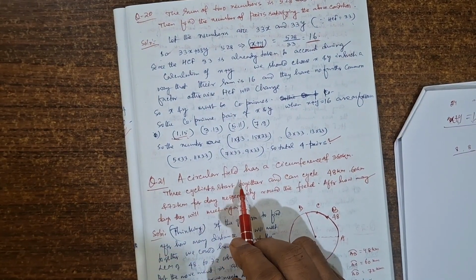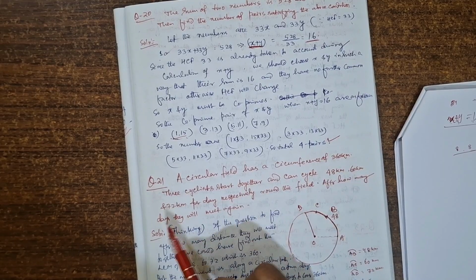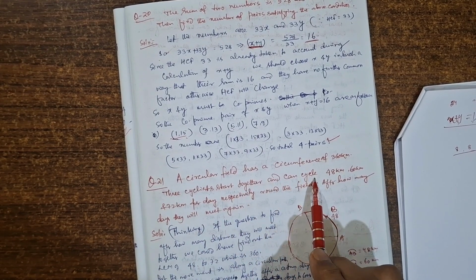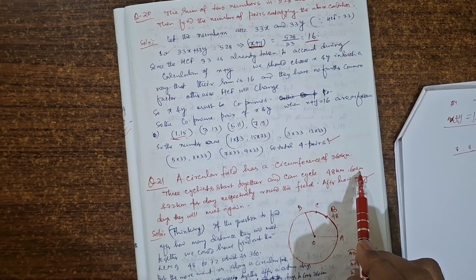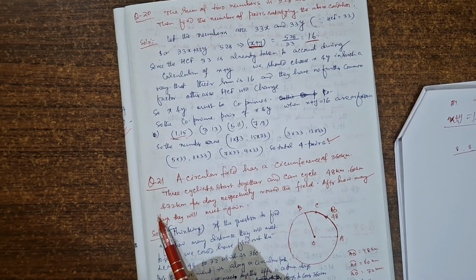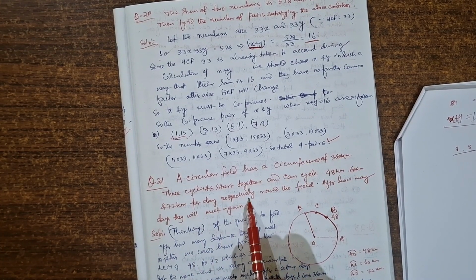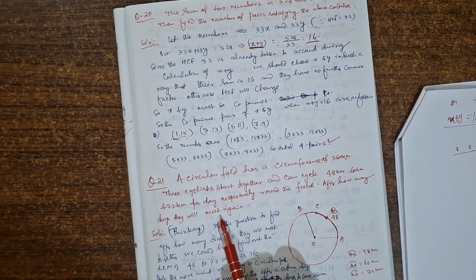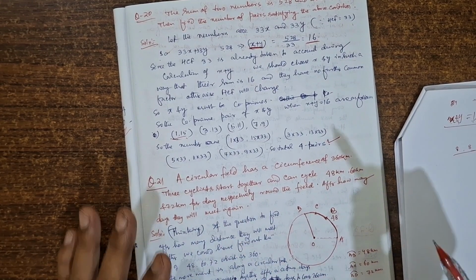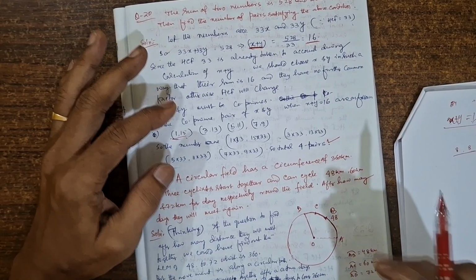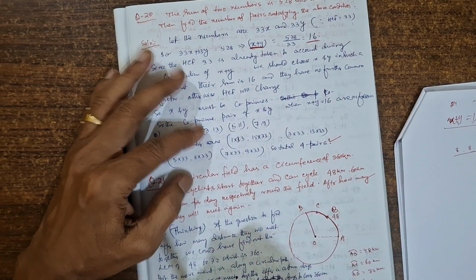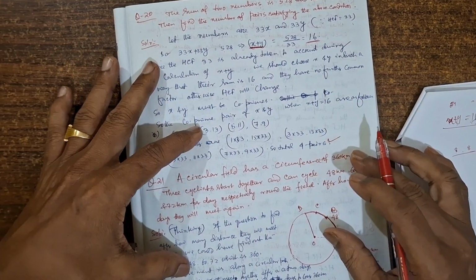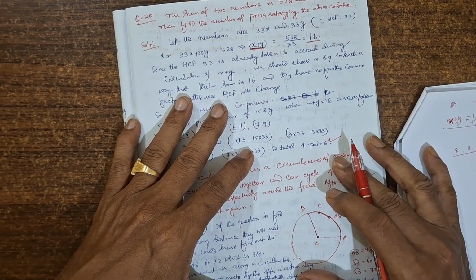Now, a circular field has a circumference of 360 kilometers. 3 cyclists start together and can cycle 48 kilometers, 60 kilometers and 72 kilometers per day respectively around the field. After how many days will they meet again? The question is that the circular path is given and the speed of the persons is given.